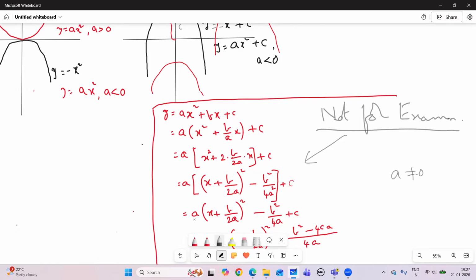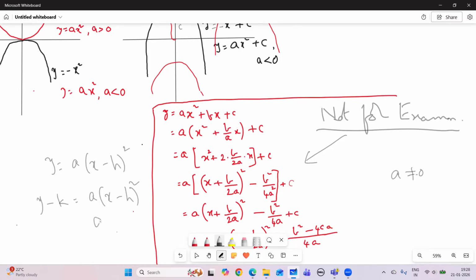So when your a is negative, this is in the form of y equal to a x square, or because the given graph is shifted, it is in the form of y is equal to a into x minus h whole square. Or rather, further generalized, y minus k is equal to a into x minus h whole square, where the center of the graph is h comma k.